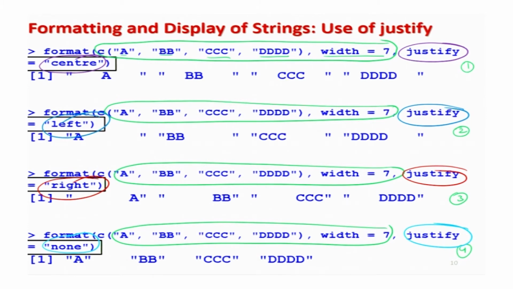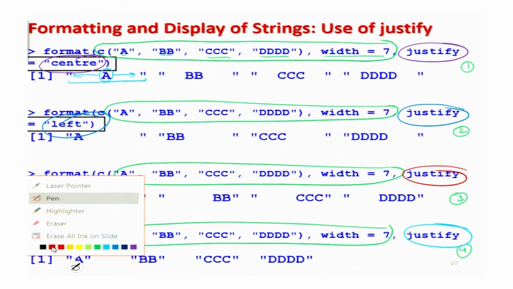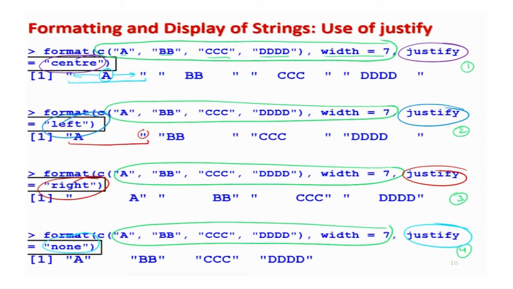Let me look at the first outcome only. You can see the location of A in the first case is in the middle of these double quotes. In the second case, within the double quotes, the location of A is on the left hand side and the rest of the space is blank.